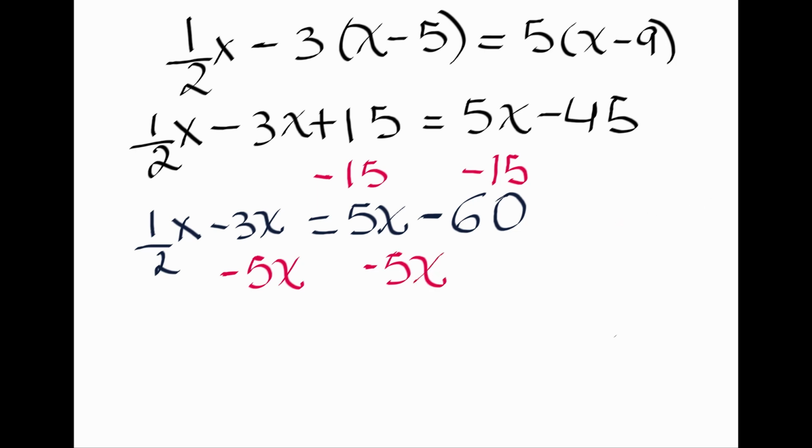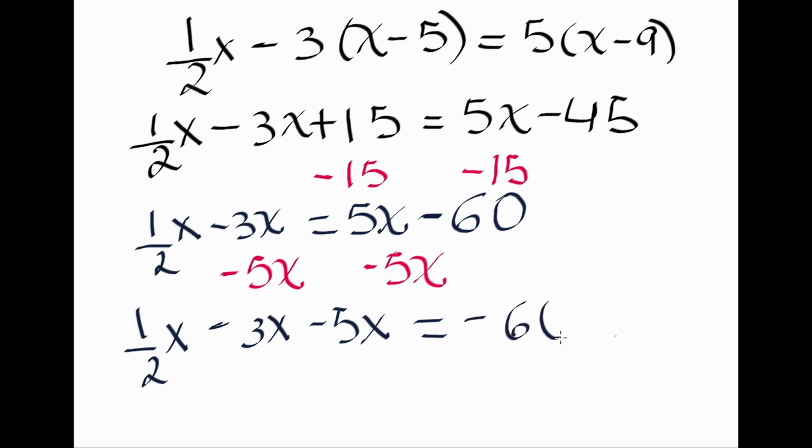So the equation is gonna look like 1/2 of x minus 3x minus 5x. On this side, 5x minus 5x is 0, so that equals negative 60.